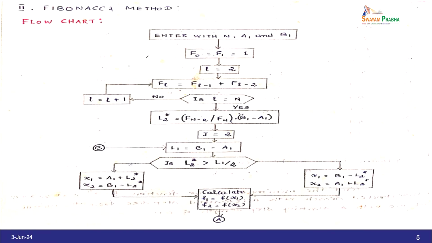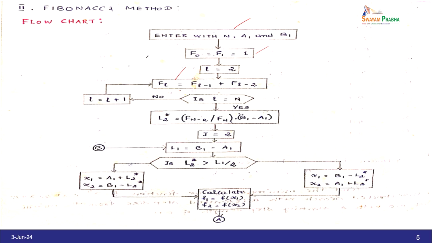Now, we have the Fibonacci method. So, the flow chart says to enter with n, a1 and b1, and initially f naught and f1 equal to 1, and go to the next. f2 equal to 2, because 1 plus 1 is equal to 2, and fl is equal to fl minus 1 plus fl minus 2.